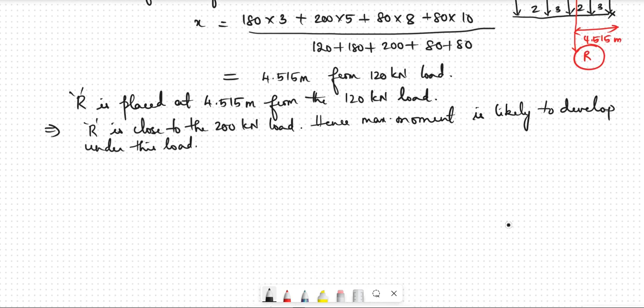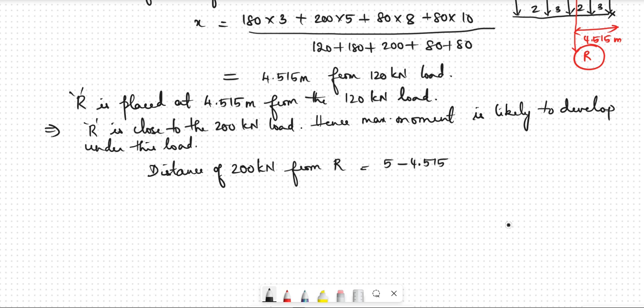So now we have to find the distance between these two loads. The distance of this critical load which we have selected, the 200 kilonewton load, from the resultant R is given by 5 minus 4.515, because the distance of the 200 kilonewton load from the 120 kilonewton load is 5 meters.